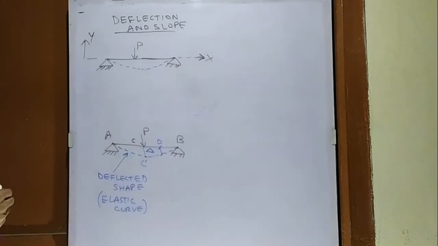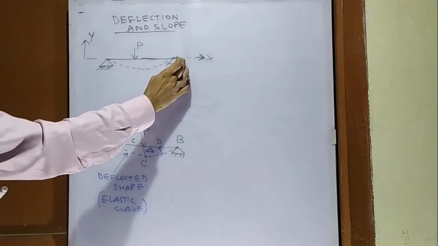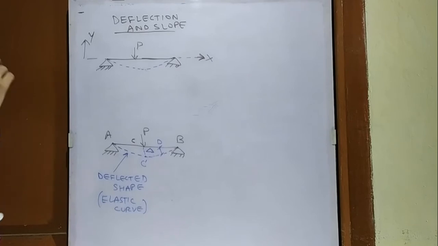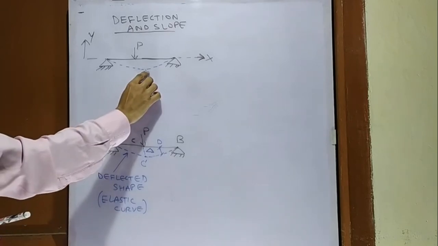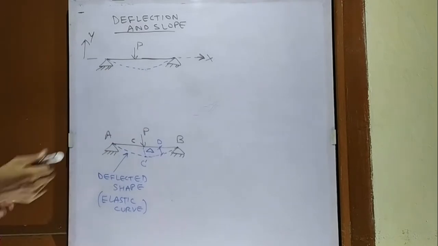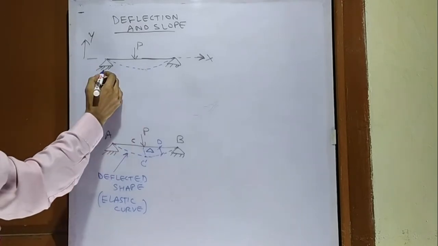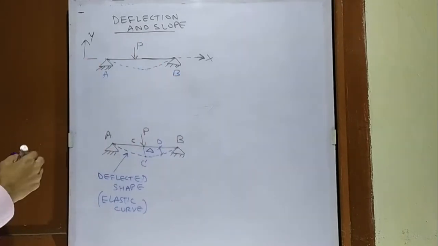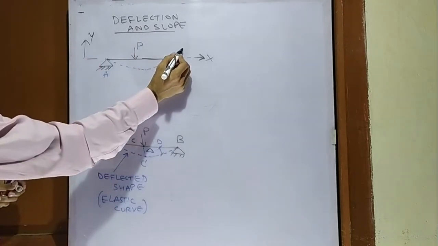As I was saying, the slope is defined as the angle between the x-axis and the tangent drawn at that point on the deflected shape. What does it mean? If we find the slope at point B, we will just draw a tangent.